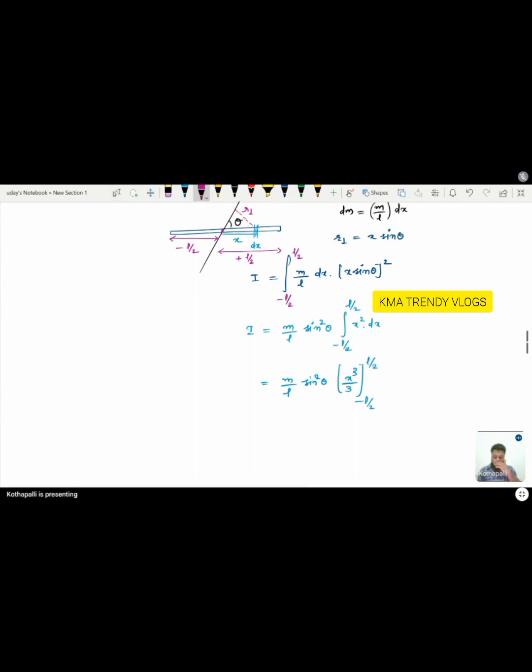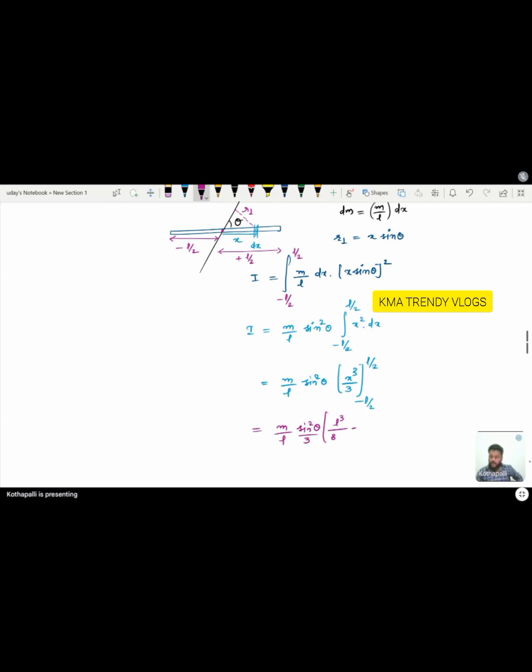Okay, x square dx is x cube by 3. So it will be M by L sine square theta, upper limit L cube by 8. Let's take this 3 also out.